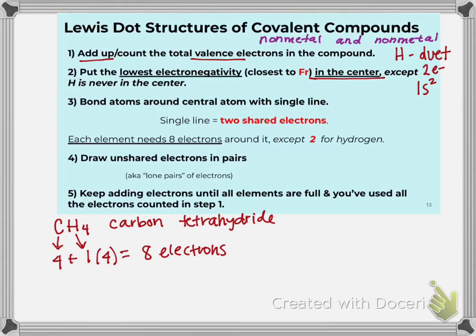You might remember from our periodic trends unit, this was a rather short unit, that fluorine is the most electronegative atom, meaning it is able to attract electrons. What you want to do when you're drawing these is put the atom that is the least attractive towards electrons in the center.